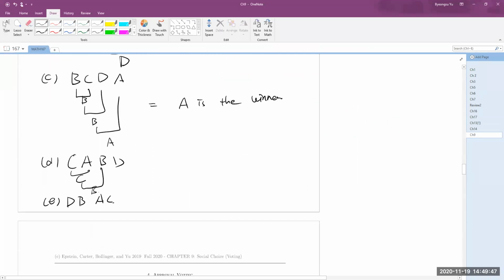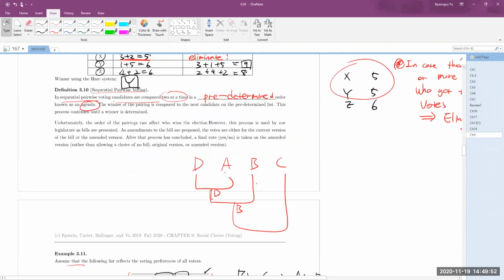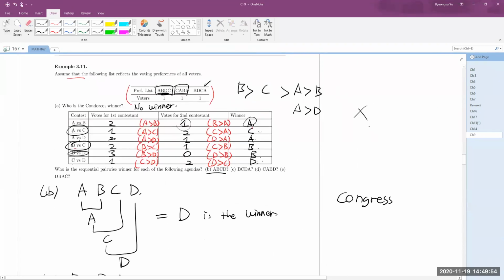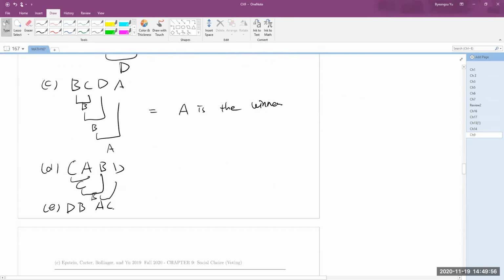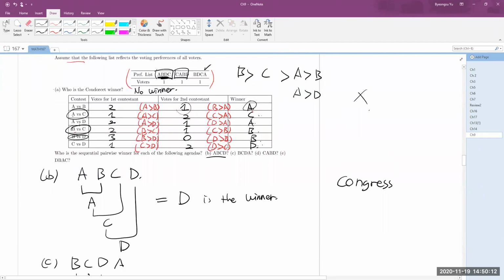Then if you compare B and D, B is the winner. So the final winner should be B, right? Oh, okay, this makes sense now. I had trouble picking which one was the winner. I thought we were doing it based on the winner column, but it makes sense now. Yes, that column is not the basis. Okay, thank you.